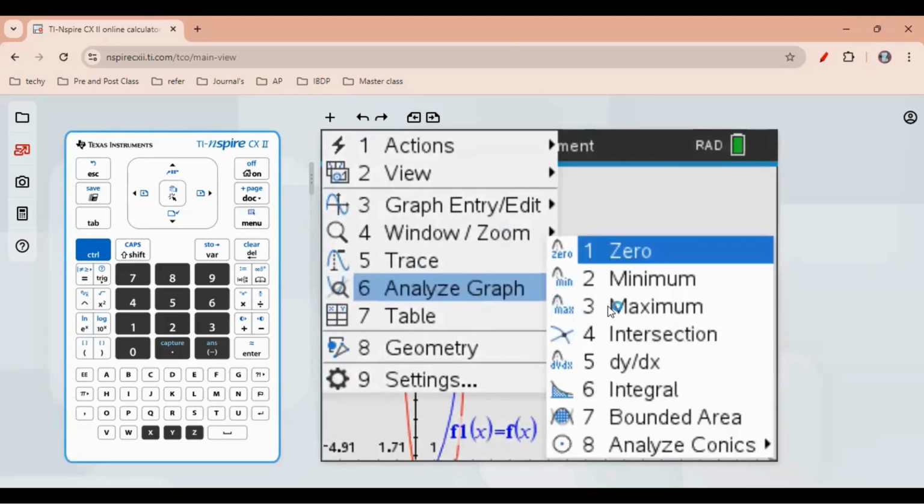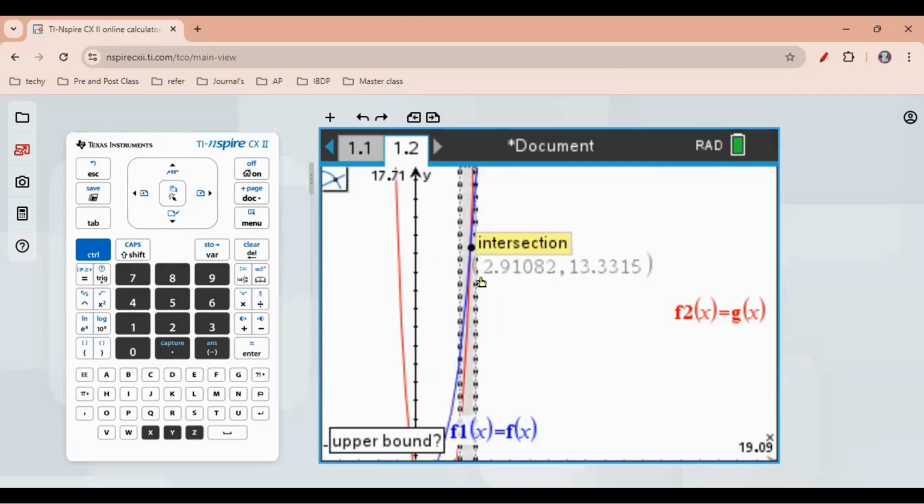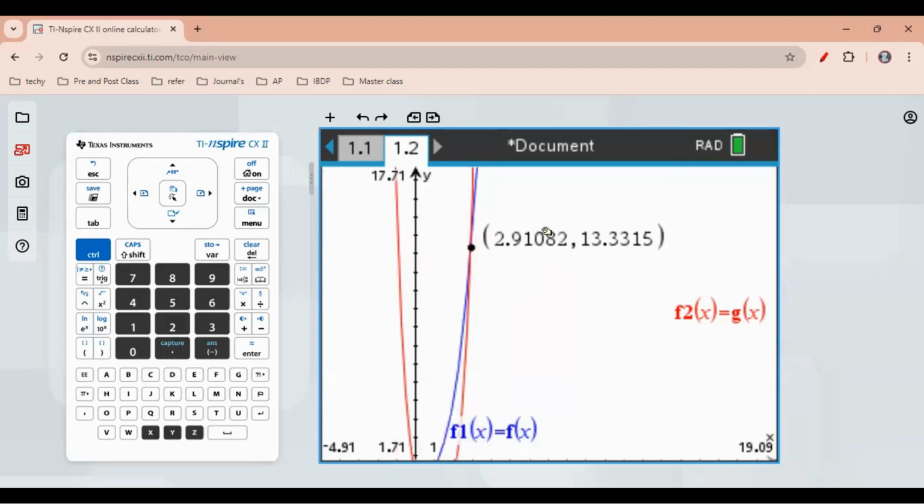So go for menu, analyze graph, intersection of the two graphs. So from here to here. That's it. I got the intersection point. That is my P. So the P value is found. Let's take this and interpret the result. Very simple, first part.